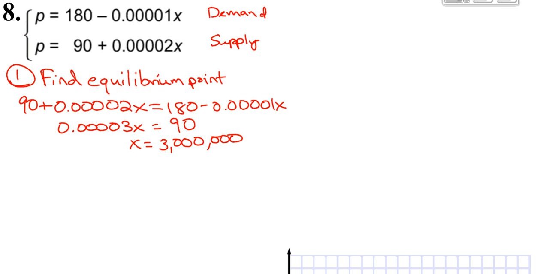And just a reminder that x is the number of units, and P was the price per unit. So now we want to find P. We can put it in either one of those. I'll just put it in the bottom one.